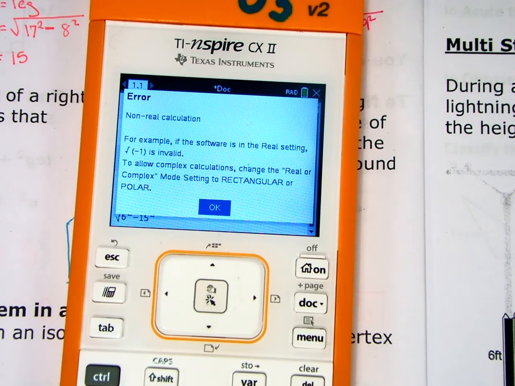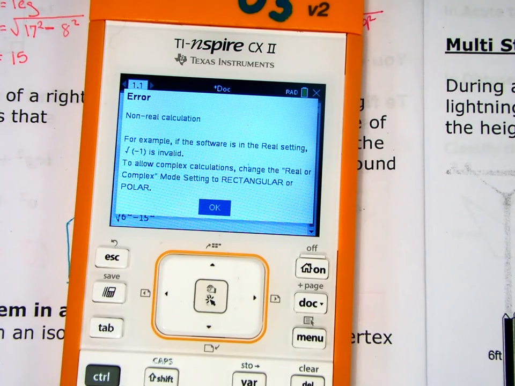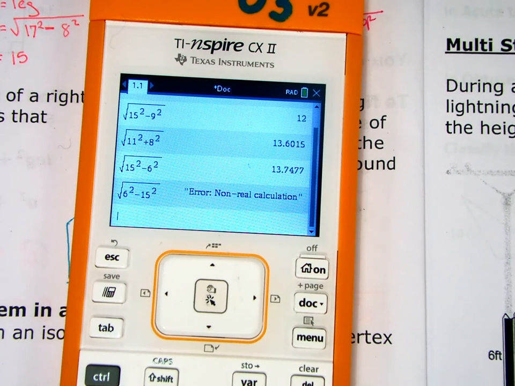I get an error for a non-real calculation because you can't take the square root of a negative number in the calculator, right? If you do a little number minus a big number, you get a negative, so the calculator tells you that is not a real answer.